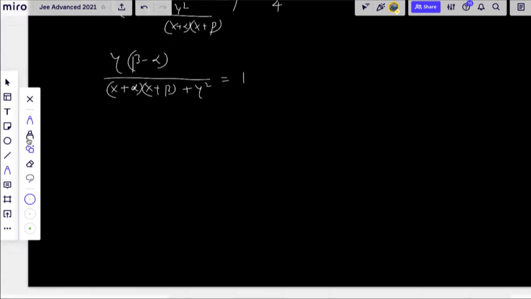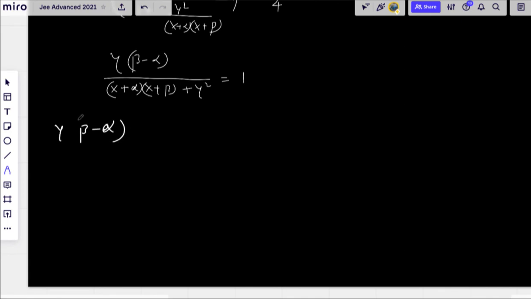After cross multiplying and solving all this, we will get y into beta minus alpha is equal to x square plus alpha plus beta under bracket into x, plus alpha beta, plus y square.